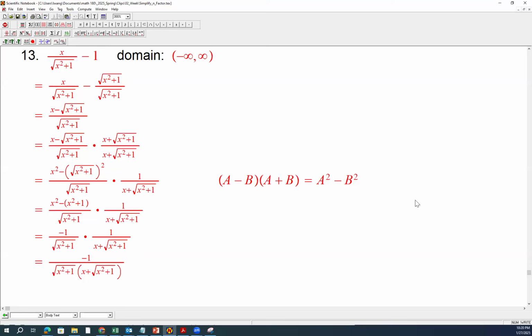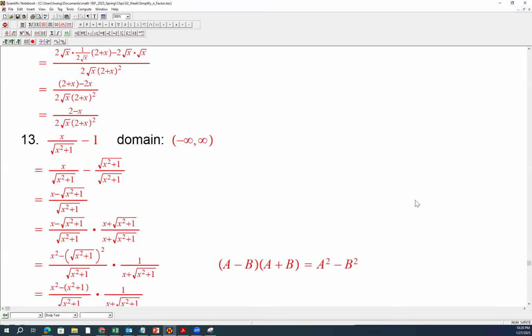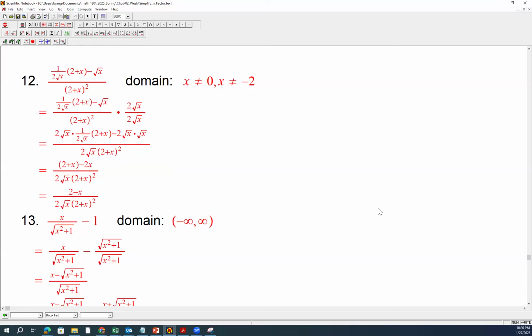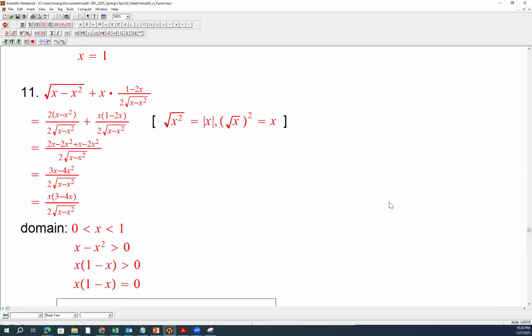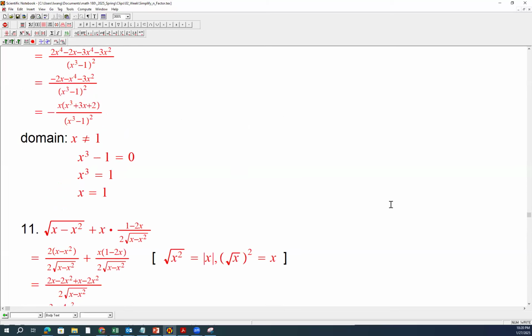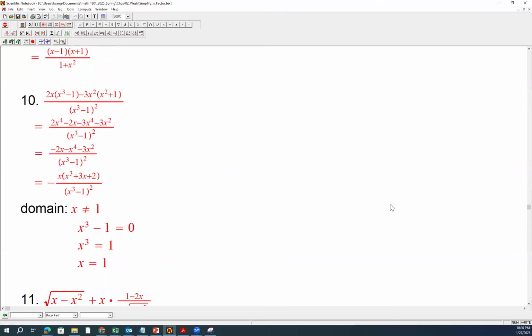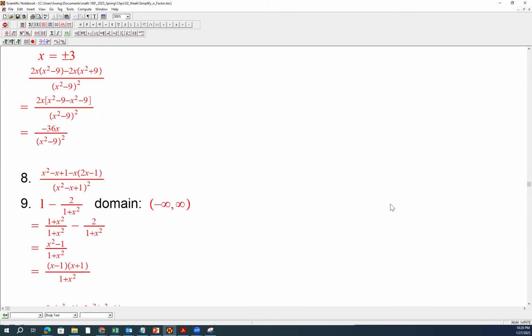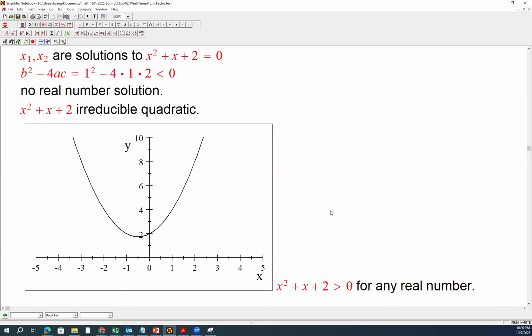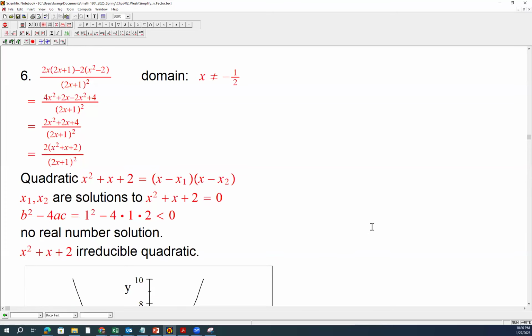So let's just recap to see what we have done. Primarily, you're going to exploit your previous algebraic techniques, including common denominator, combining like terms, determining domains, and that's all you're going to use. And also knowledge about quadratic functions.